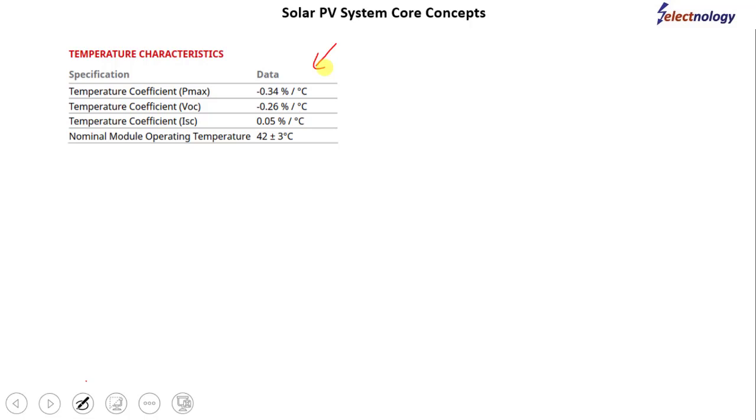Now the temperature coefficients basically define the relationship between the given parameter and temperature. For example, this one, temperature coefficient P max, okay? Now this is minus 0.34% per degree centigrade. This parameter has a minus sign. Minus sign means that the parameter shall decrease. How much?